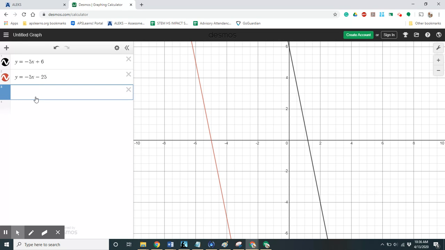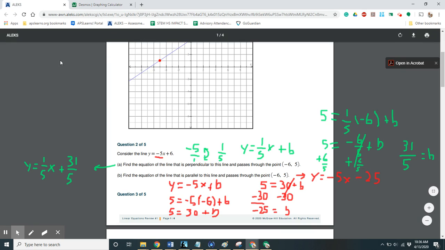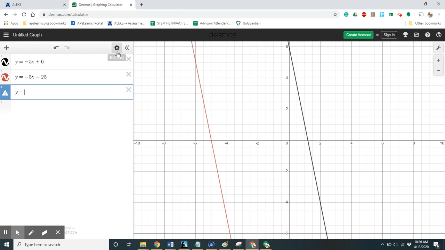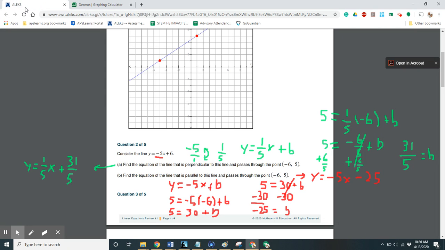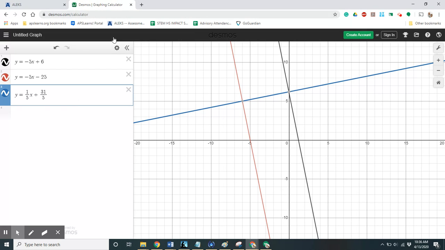And my perpendicular line, 1/5 x plus 31/5. And I'll type in the point (-6, 5). I can see that the blue line is perpendicular to the black line, the red line is parallel to the black line, and they both pass through this point. So I know I did my work correctly.